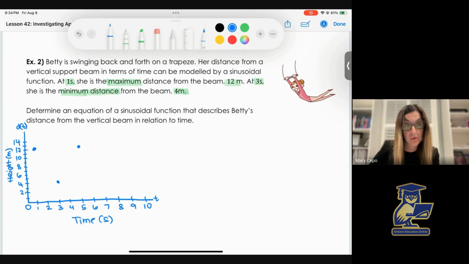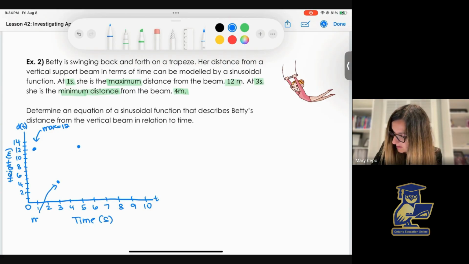Okay, so halfway between, for max is 12, min is equal to 4, halfway between that. So it looks like every second she's doing a movement.